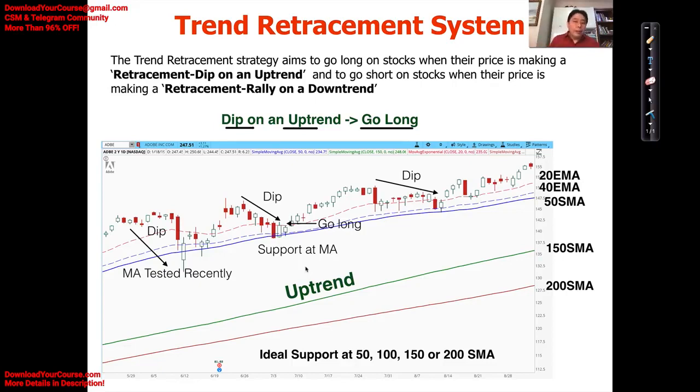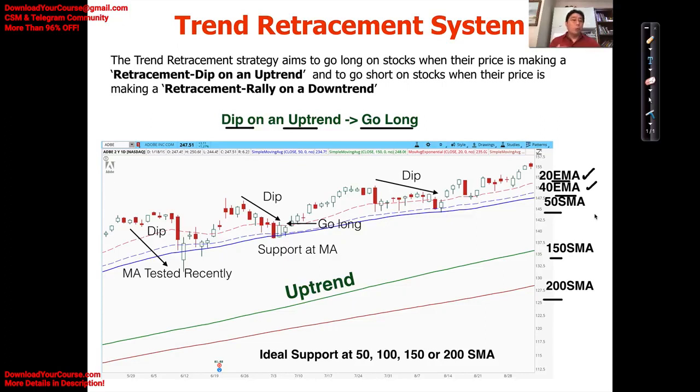Recall you've learned that when moving averages are in a sequence, from the smallest to the biggest, you have a very strong uptrend. In this strategy, we'll be focusing on the 20 and 40 exponential moving averages, as well as the 50, 150, and 200 simple moving averages.